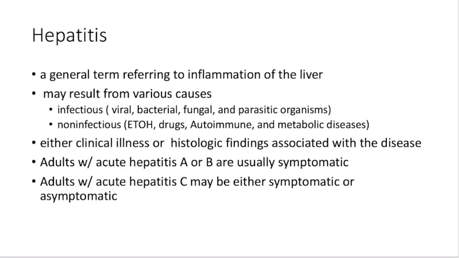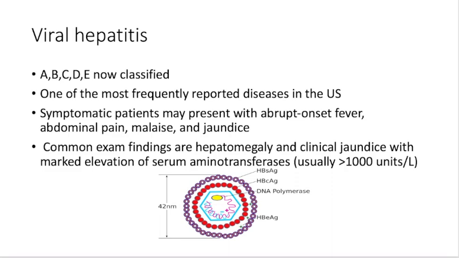Either clinical illness or histological findings associated with the disease will help you determine etiology. Adults with acute Hep A or B are usually symptomatic. Adults with acute Hep C can be symptomatic or asymptomatic.